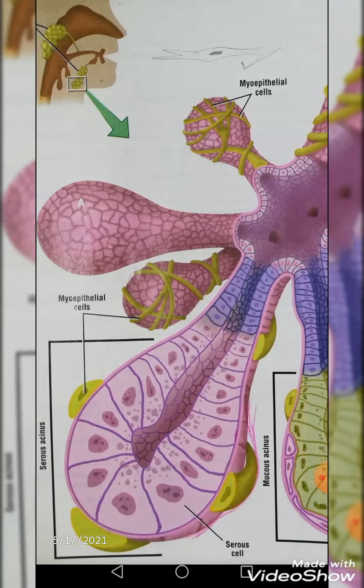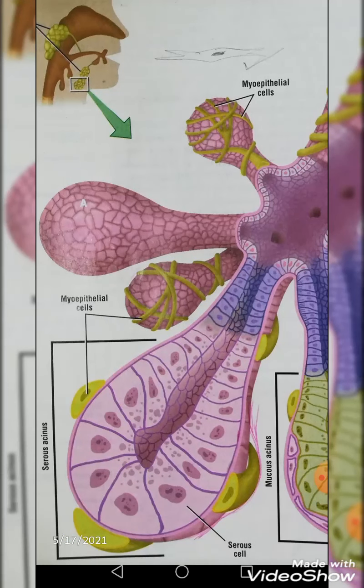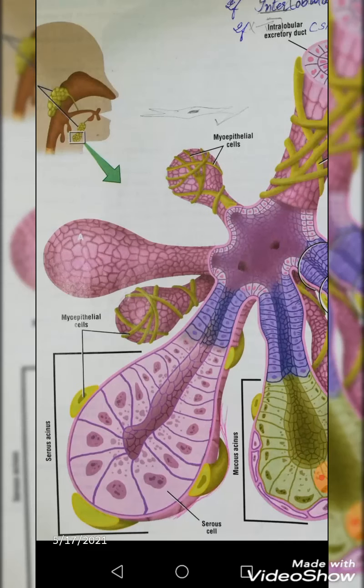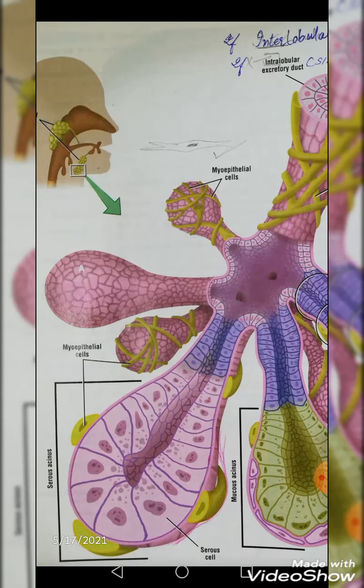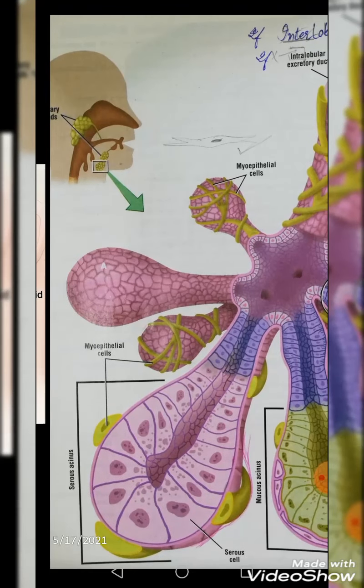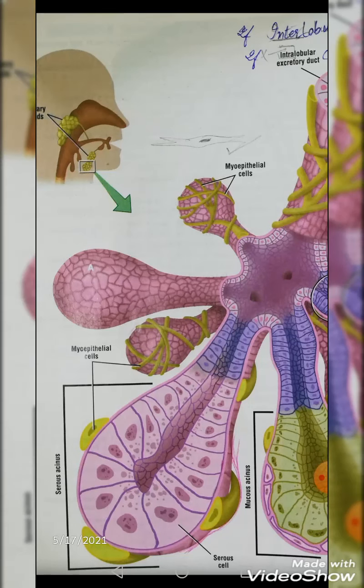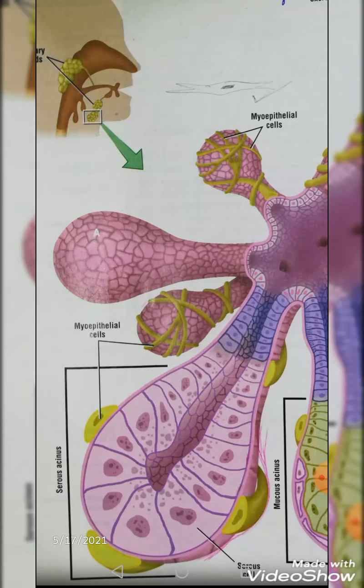Now we will consider the structure of serous acini, which are generally spherical. Can you consider them as a bunch of grapes? They resemble grapes. And if you concentrate, the basal part of these acini has myoepithelial cells.